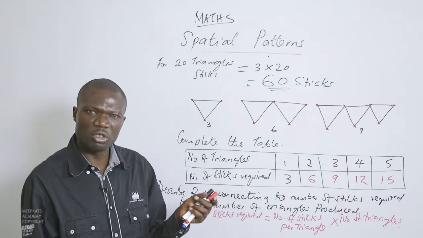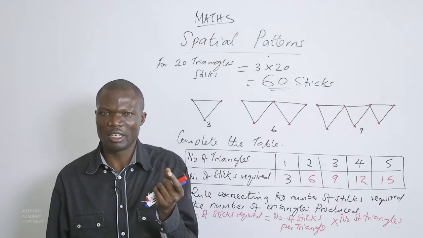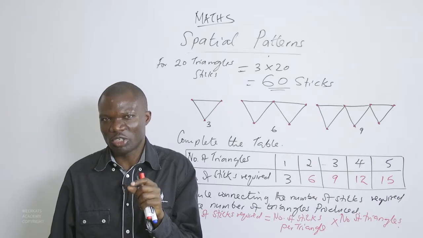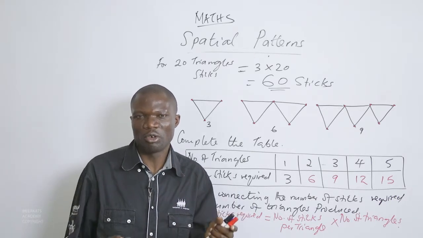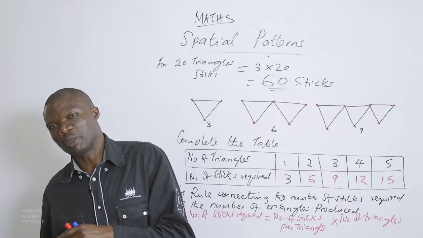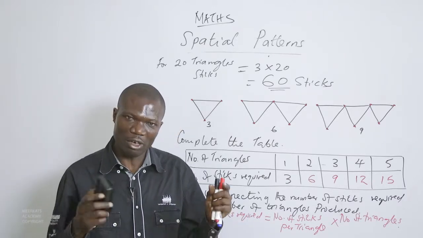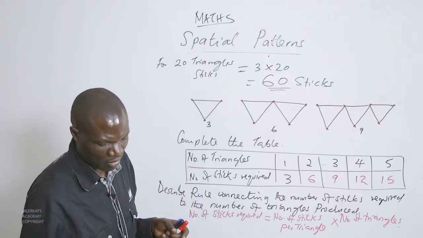We should be able to look at the spatial pattern and come up with a number pattern, or take the number pattern and come up with a spatial pattern. It is always good that we should be able to convert either to the spatial pattern or from the spatial pattern to the number pattern. And always when you have that, find out the rule that governs that pattern.